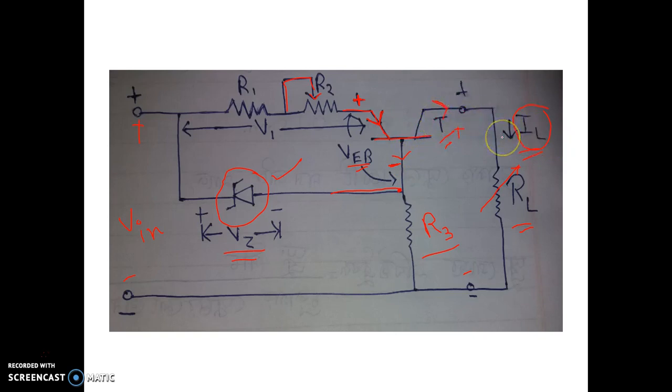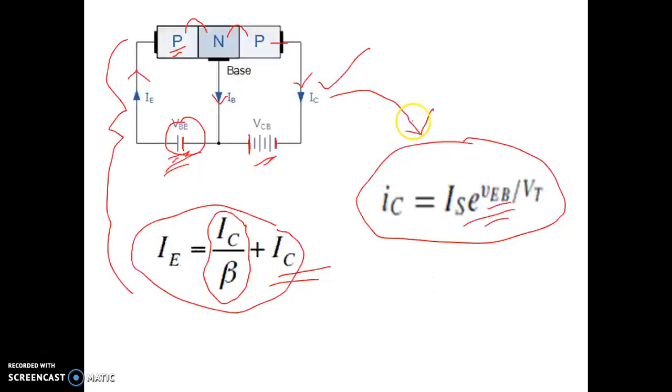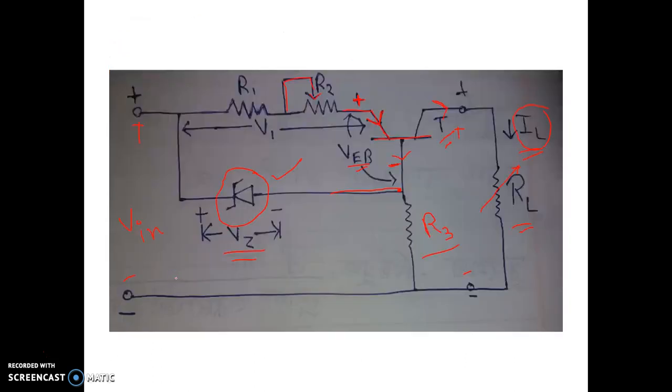Now suppose IL increases, so the collector current will increase, and obviously the emitter current will increase. The current flowing through the R1 R2 series combination increases, so V1 will increase, because V is equal to IR.